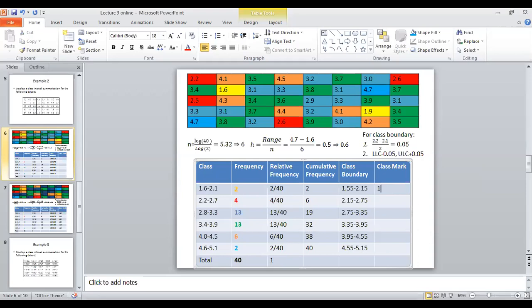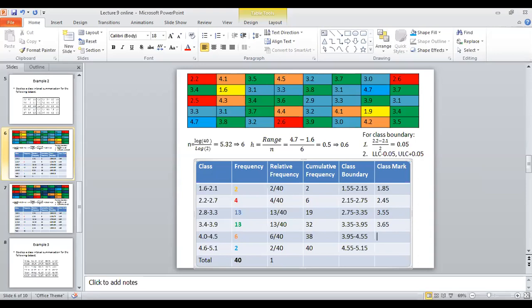Then 2.2 plus 2.7 divided by 2, we get 2.45. Then we have 2.8 plus 3.3, divided by 2, we get 3.55. Then 3.4 plus 3.9, divided by 2, we get 3.65.